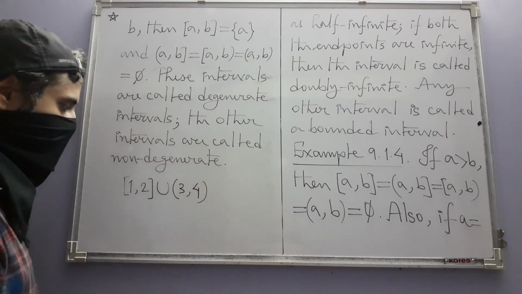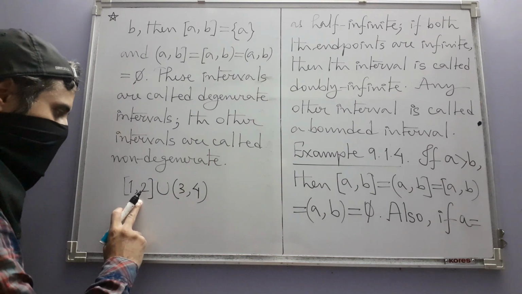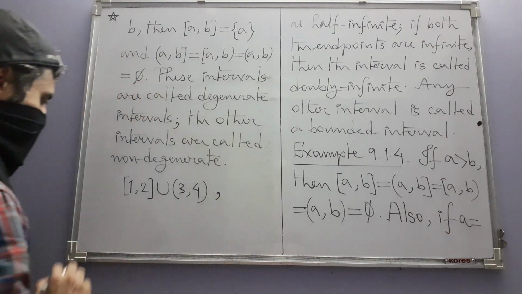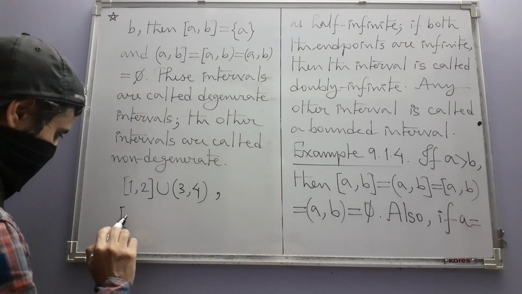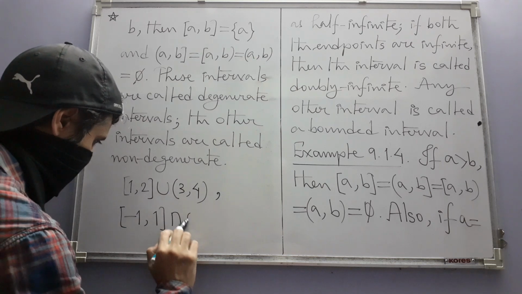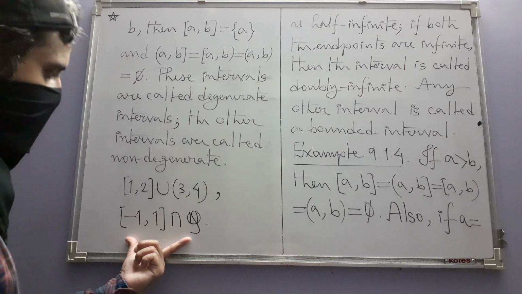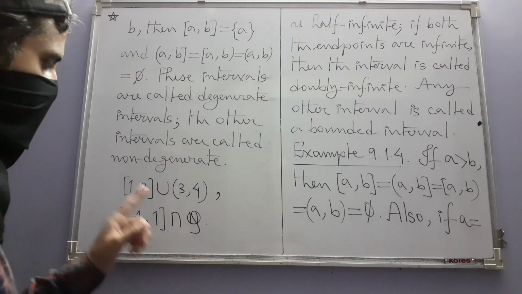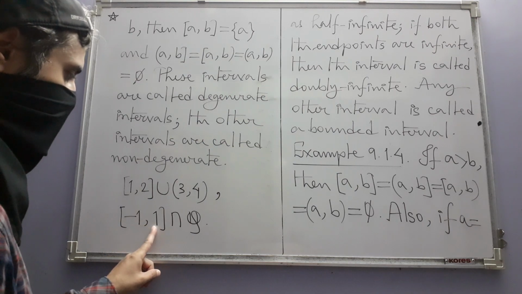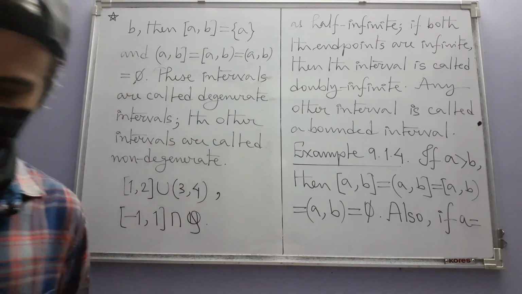Just simply saying, okay, the union of these two intervals, one of which is a closed interval and the other one is an open interval. Or we may consider this intersection. It becomes the set of all rational numbers greater than or equal to -1 and less than or equal to 1. Okay, so such things will be considered.